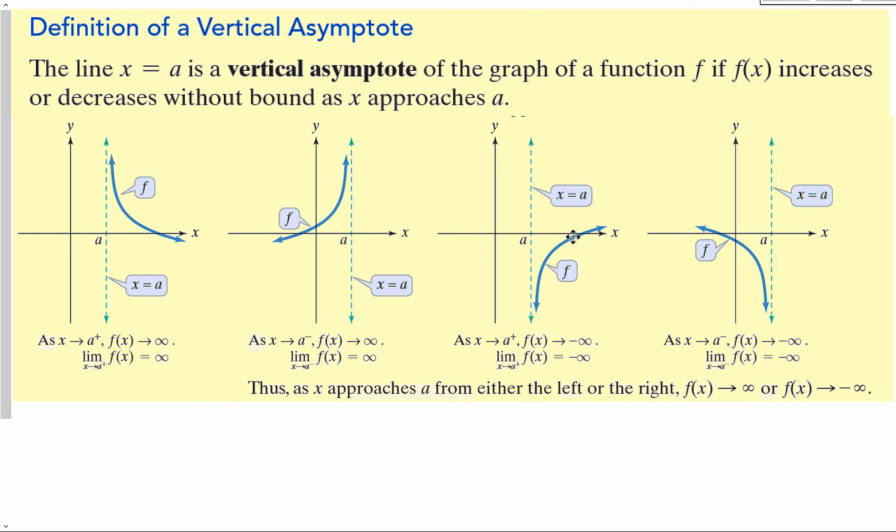Here, the limit as we approach a from the right is negative infinity. And here, the limit as we approach a from the left is negative infinity. In all of these cases, as we go closer and closer to these vertical asymptotes, the graph is going straight up or straight down.